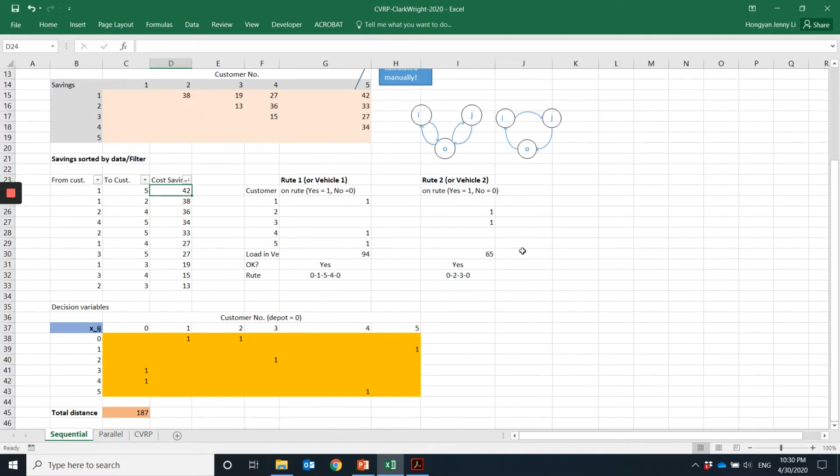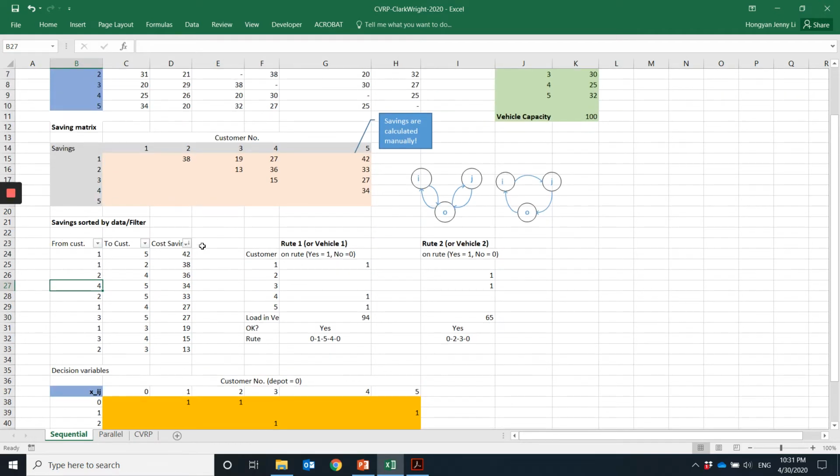So in this sense, if you need to connect two customers, you definitely put customer 1 and 5 in the same route because it will save the most. And the next pair is 1 to 2, and then you will save 38. So this actually is an exhaustive list. You find all the possible savings between each pair of the customers.